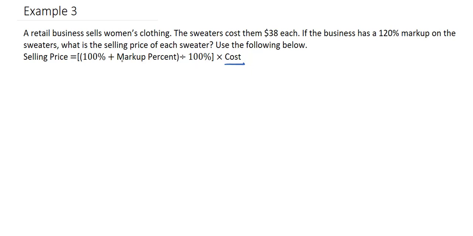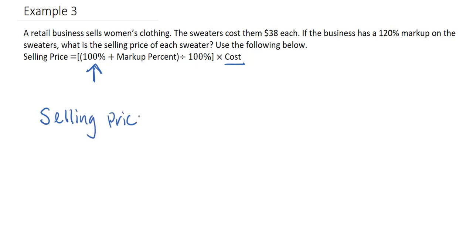We're using the same things, but doing it a little differently, and the only reason we can do that is because we're adding the cost of the item as 100%. So we're already including it right here. So the cost of this $38 is being included with this 100%. That's how we can get away with it in one equation.